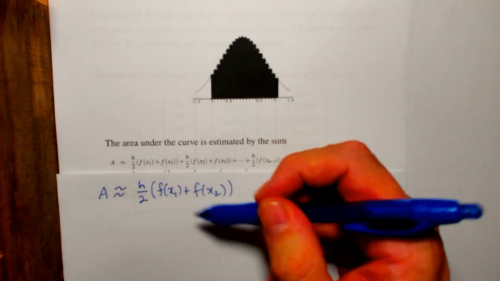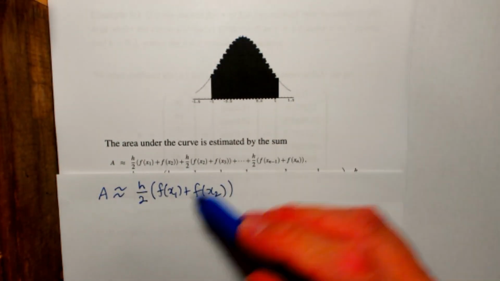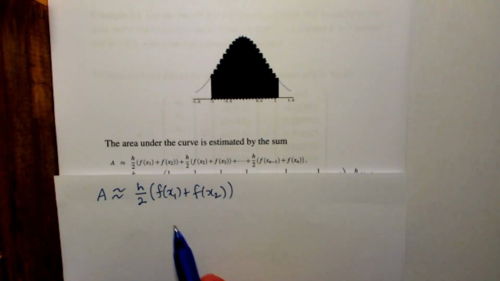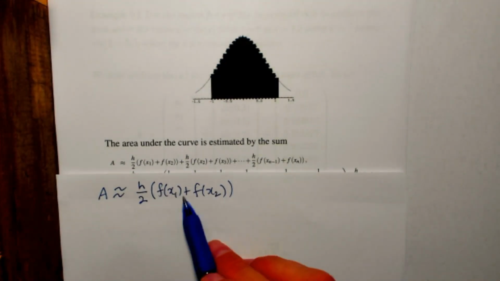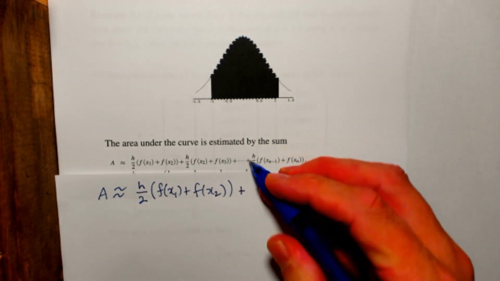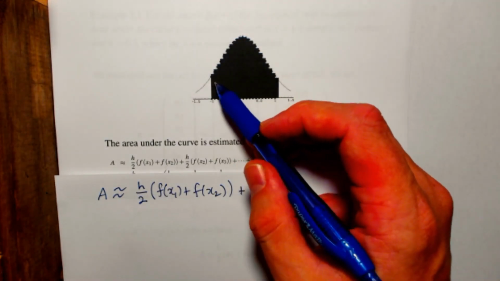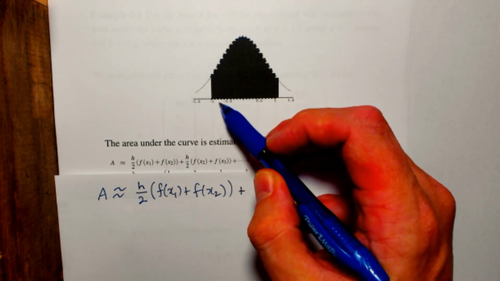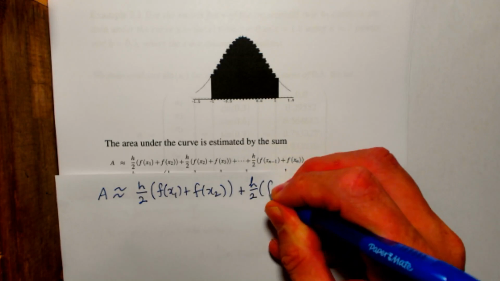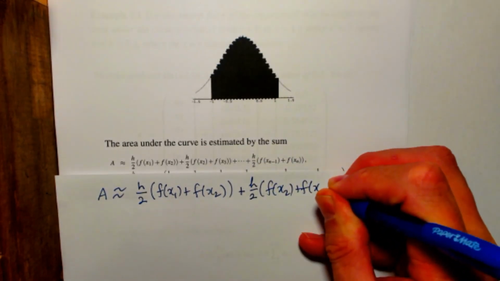Now f of x1 is the height of this function at the point x1. f of x2 is the height of this function at the point x2. So this is the average height times the width. And then we're going to add on the next little rectangle. So if we start here on the left, our next one moves to the right slightly. So for that we have h on 2 f of x2 plus f of x3.